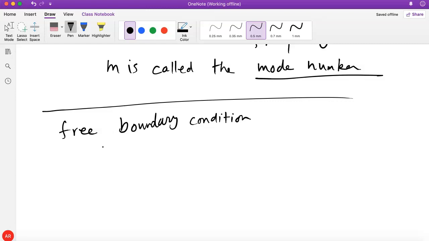For example, you can construct it for the case of a string if you put a rod here, and there is a frictionless loop around it that can freely move up and down. And then you have this wave that's incident. So that point is moving up and down freely.